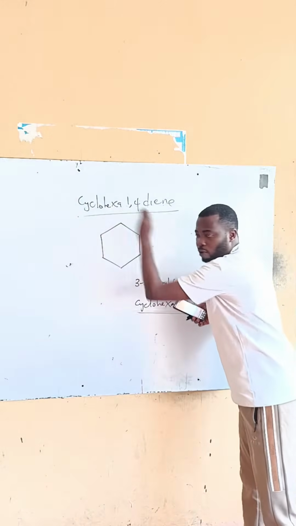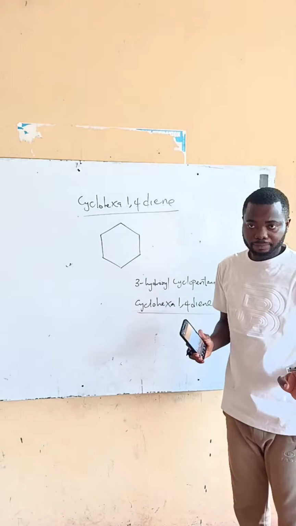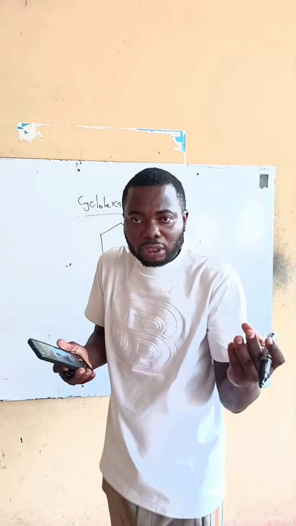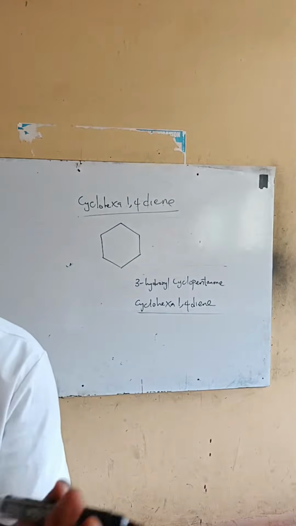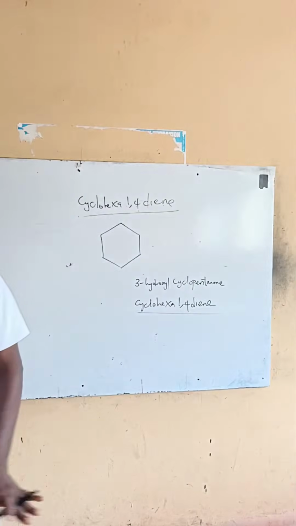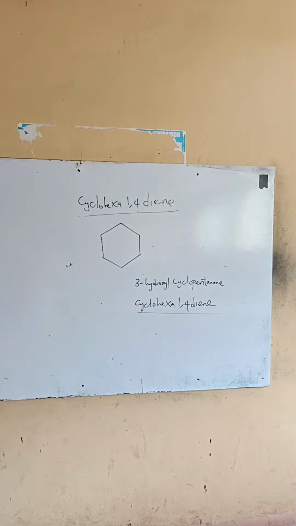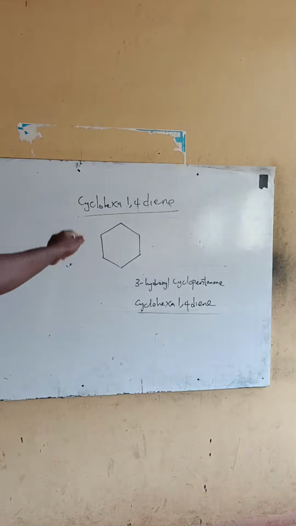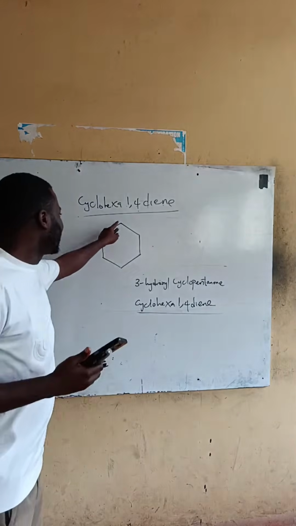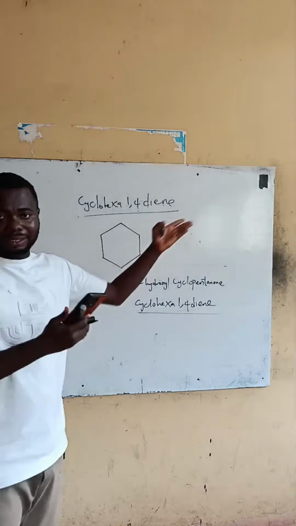So you can take it from anywhere you want to make your number 1. Do you get what I'm trying to say? This structure can be different for everybody, but the question says 1,4. 1,4 means you can pick it. One double bond is in position number 1, and the other double bond is in position number 4. You can pick your number 1 from anywhere, then count to 4.